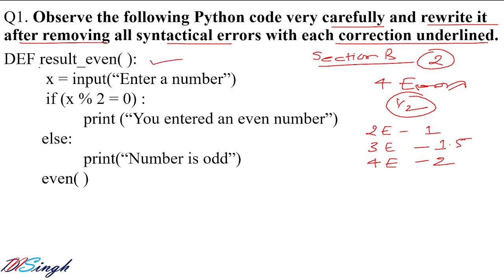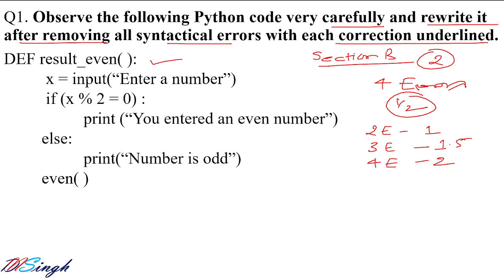If I see the first line, we will find that def is not in lowercase, because while declaring a function, def is a keyword that comes in the function header, and it must be in lowercase. Next, if we just see these two lines, we can come to know that with this x we are performing an arithmetic operation, and arithmetic operations are defined on numbers, not on strings.